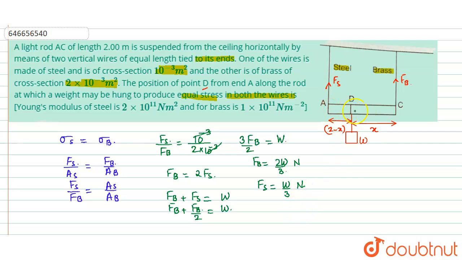Now this rod has to remain in equilibrium, so let us take the moment about point C. The net moment of all the forces about point C should be equal to 0, because the rod is in equilibrium. Now MC is 0. This force produces a moment in the anti-clockwise direction, so we take this moment as W into x, and this force produces a moment in the clockwise direction, so we take that as negative. So this is F into the total distance from here to here, which is 2, and this is the force in steel.